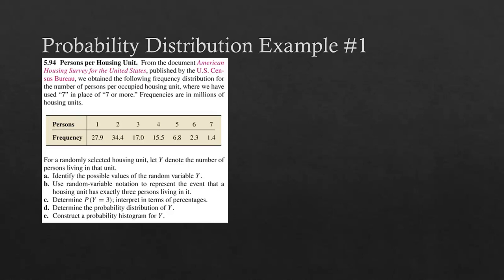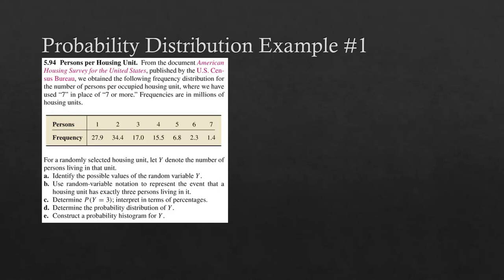Alright, so let's look at this example. This is from the U.S. Census Survey, and this is the number of persons per occupied housing unit. This is a frequency distribution. So when X is 1, we have 27.9 million housing units that have one person living in them.